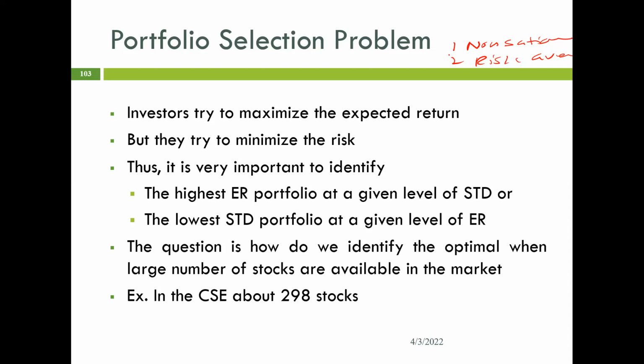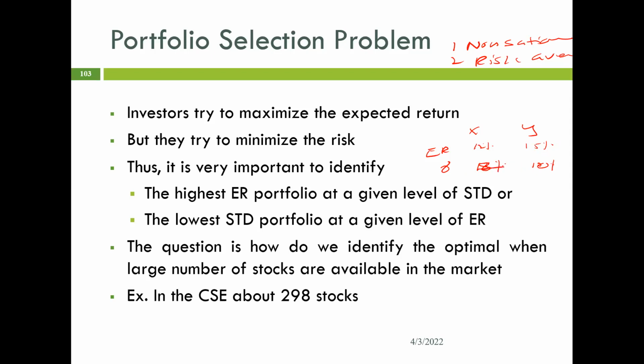And risk aversion means, say you have 2 stocks, X and Y, to select. Expected return, say here 12%, here 15%, standard deviation say 13% here, and here say 18%, standard deviation say 10%. Now if I ask you to select which stock, you may select the one with the highest expected return.